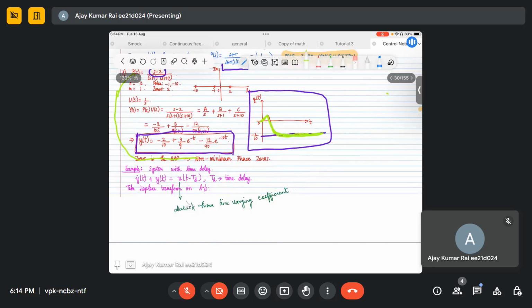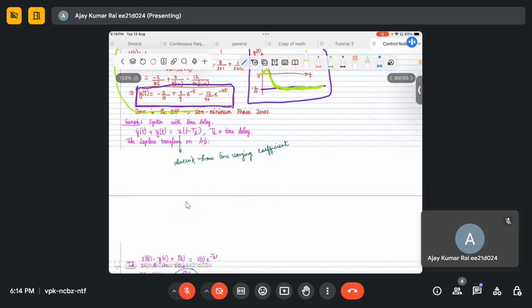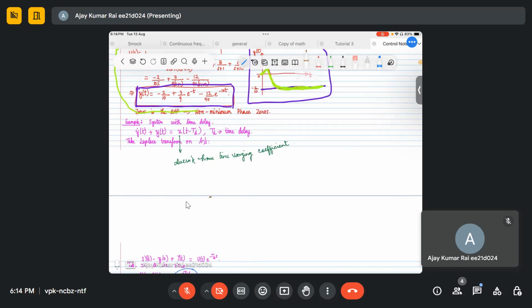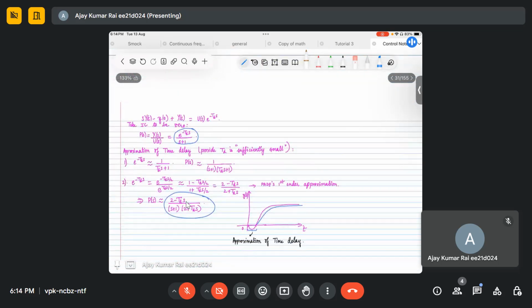Again, we have seen what happens if we introduce a time delay. Here you can see we have introduced a time delay in our input. TD is the time delay, so you'll get an expression like this. We'll be using some approximations here.